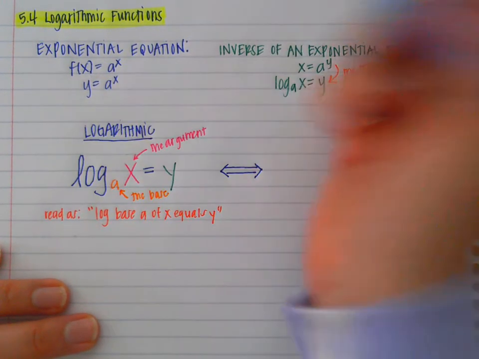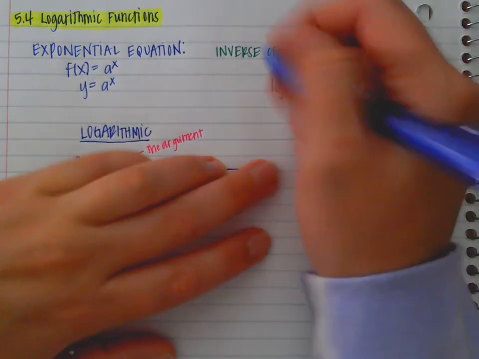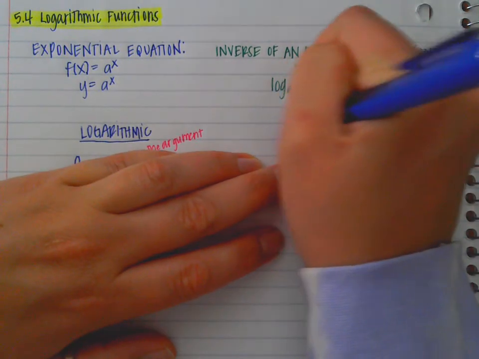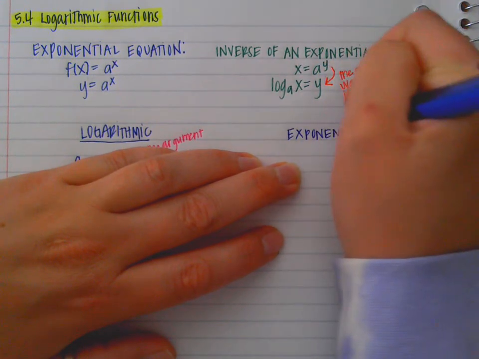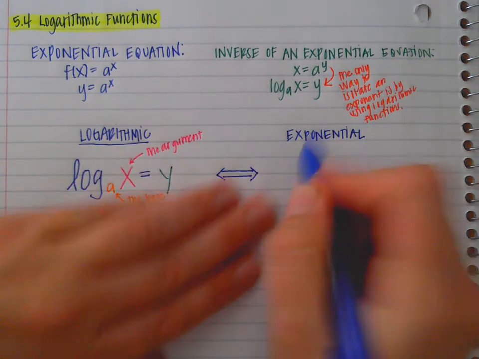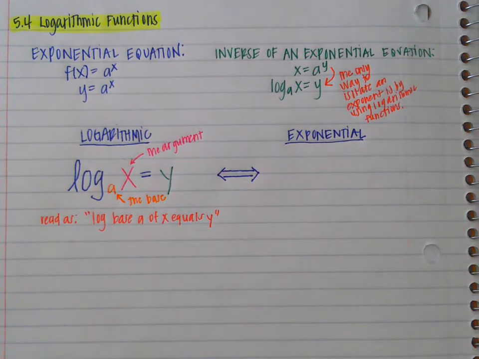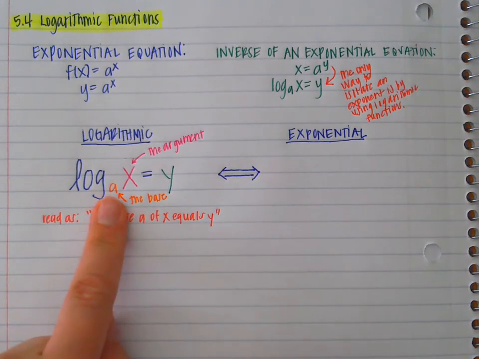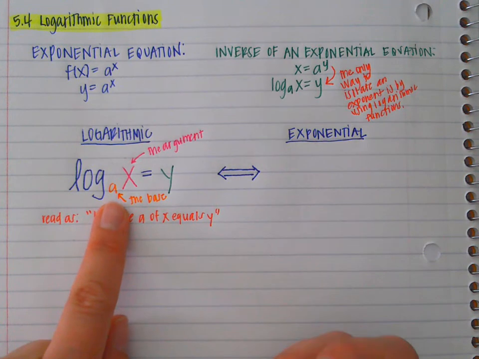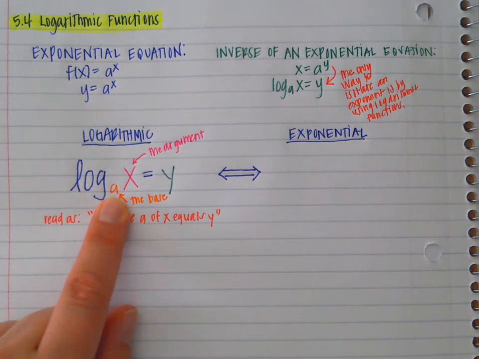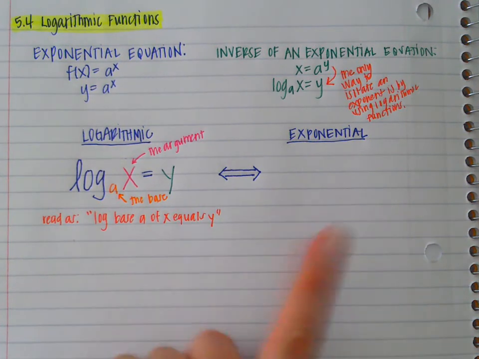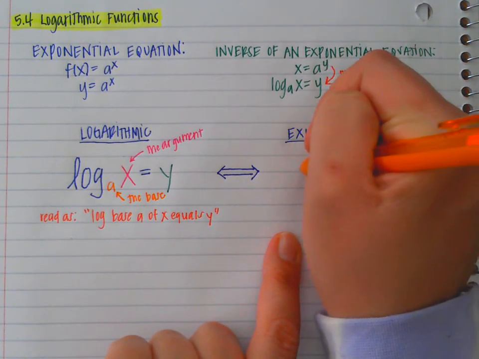And I'm going to write exponential. Okay, so to rewrite this logarithmic as an exponential, A is the base of the log, and A is going to be the base of the exponential.